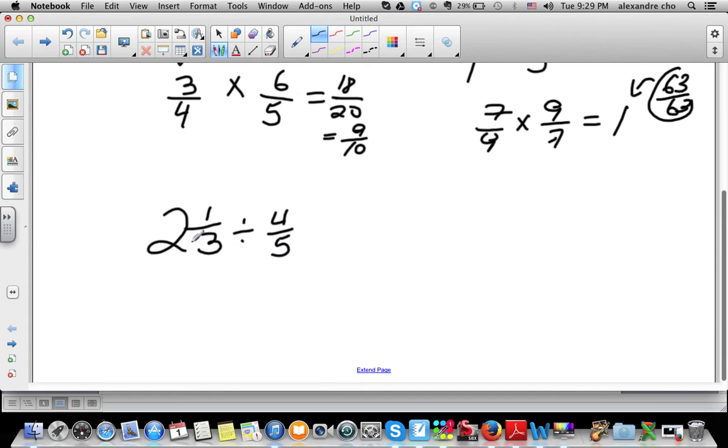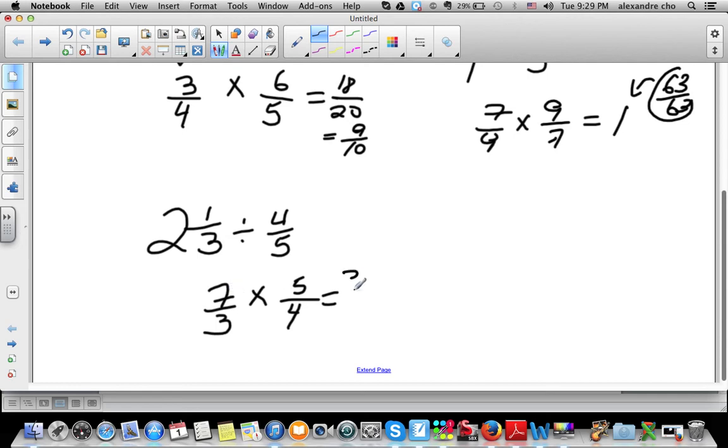In this case, remember, if it's a mixed number, whether you're multiplying or dividing, you want to change it to an improper fraction. This becomes 3 times 2 is 6 plus 1, 7 over 3. Then division becomes a multiplication, and you flip this around. The reciprocal of 4/5 is 5 over 4. And now you're ready to multiply.